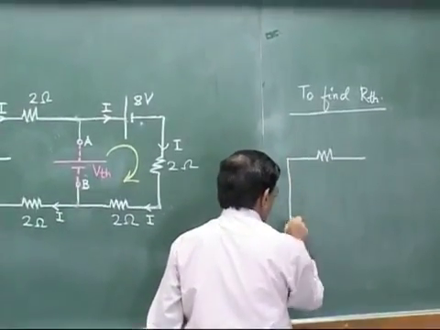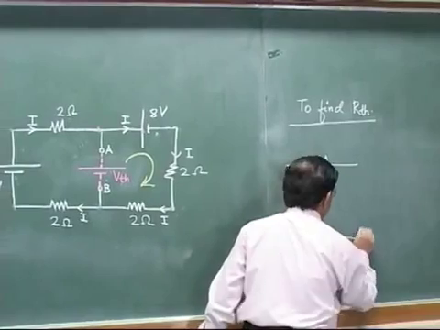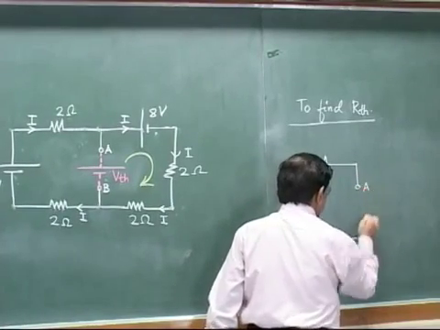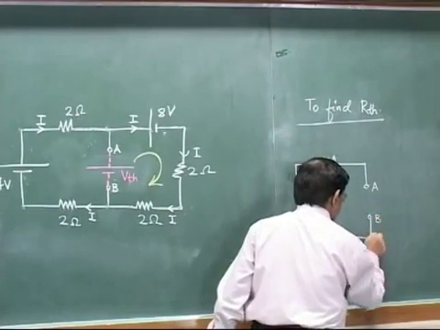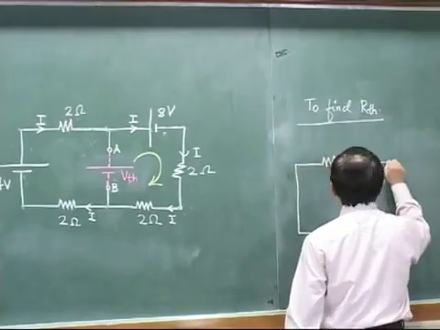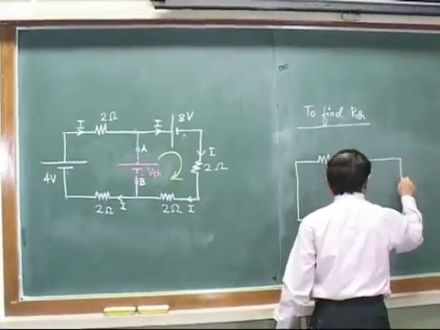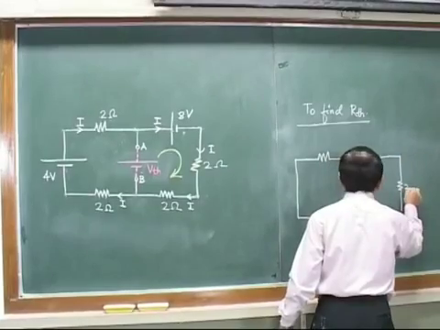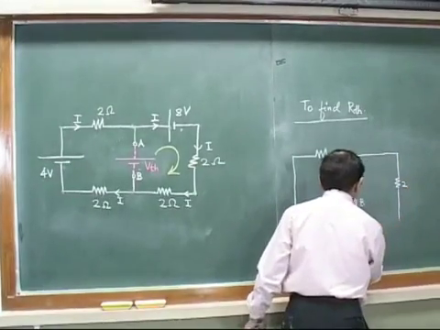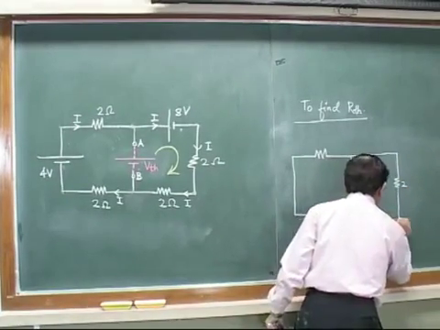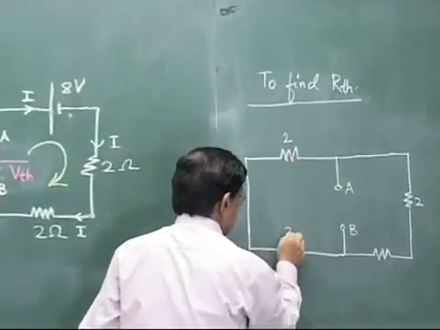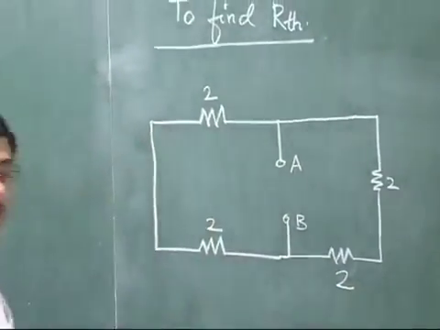This battery short circuited, these points A and B open, and to right hand side this battery will be short circuited, this 2 ohm and also this 2 ohm. Okay, so 2 ohm and 2 ohm. So this will be just the circuit.